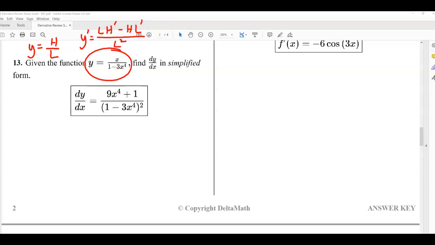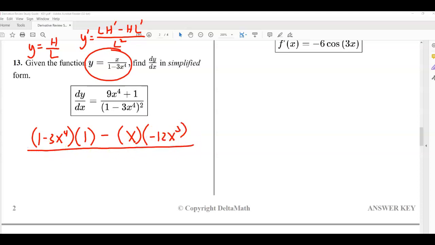So low d high, the derivative of x is 1, minus high d low, draw a line, and square below.